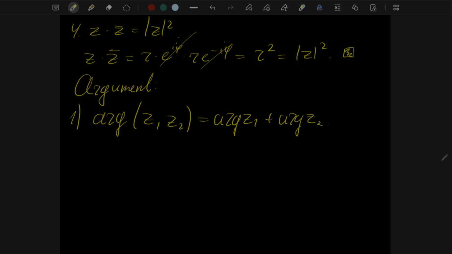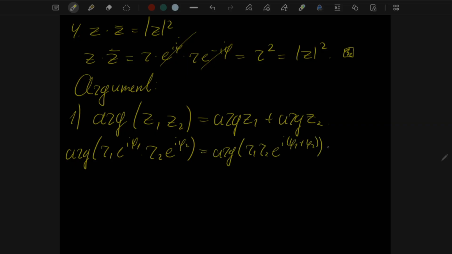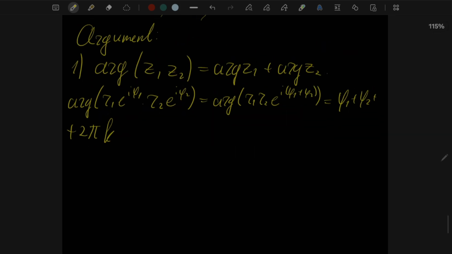It is quite easy to get from exponential forms, because an argument of this is all pretty much by definition, and let's rewrite this integer as k1 plus k2 that are both also integers.